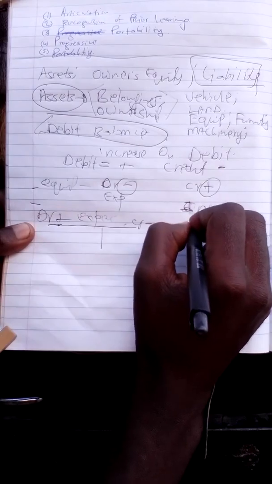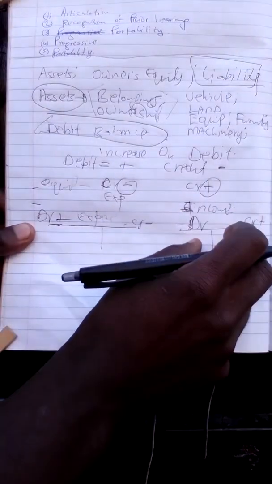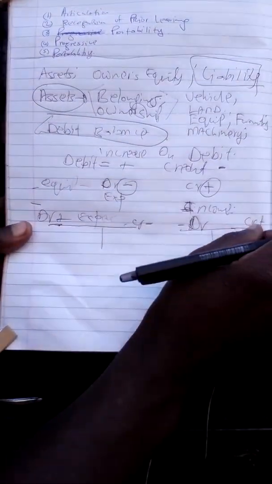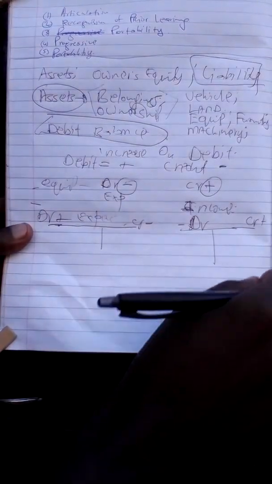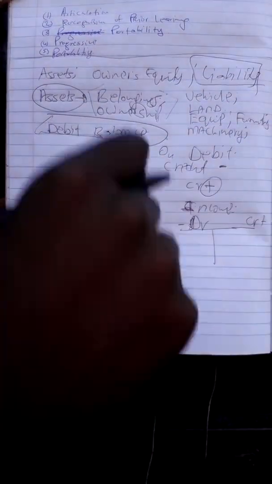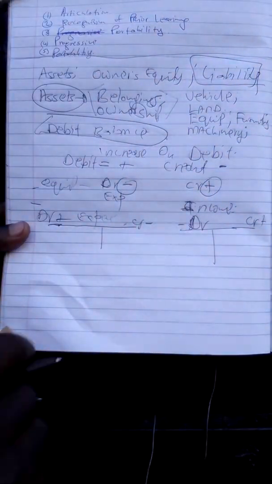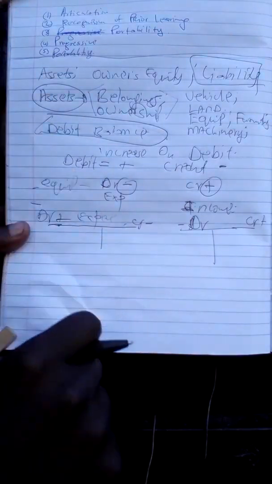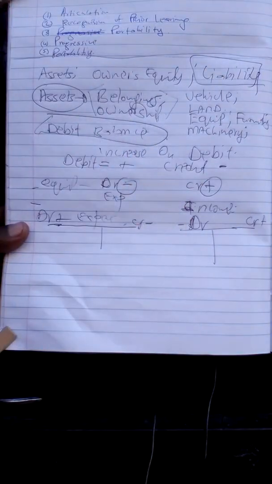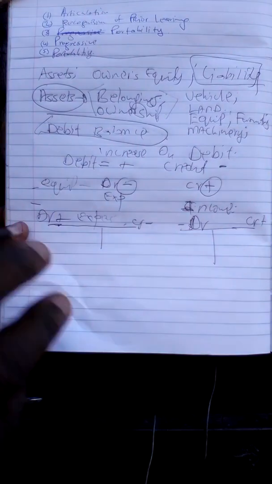But expenses, on the debit side they increase, and on the credit side they decrease. Those are expenses. Okay, now I think we are done with this.